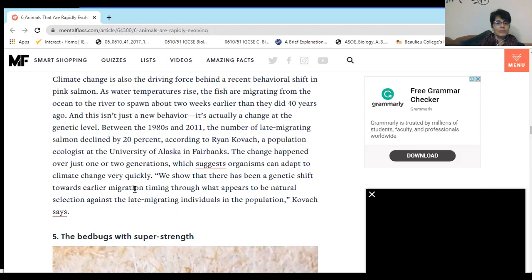It's simply because they are adapting to a changing environment by having random mutations which make them better adapted to this environment, which is being affected by climate change.